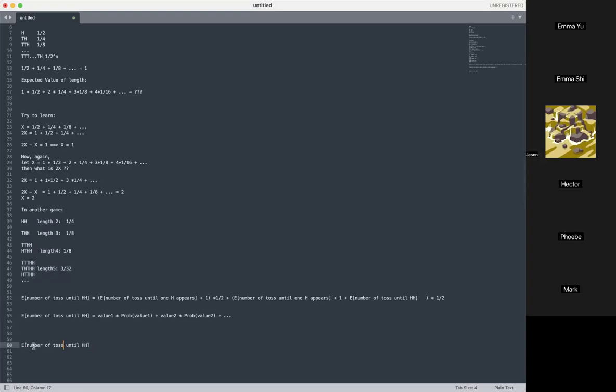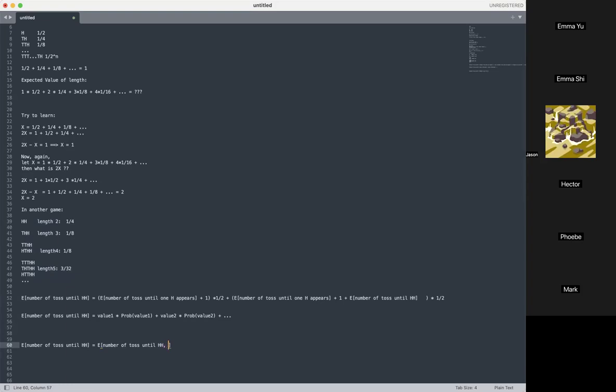By length, we actually mean the number of tosses. How many times do you toss? This is the length. To calculate the expected number of tosses until 2H, we can calculate two things. We can toss a lot of times. It's still the expected number of tosses until 2H happens.